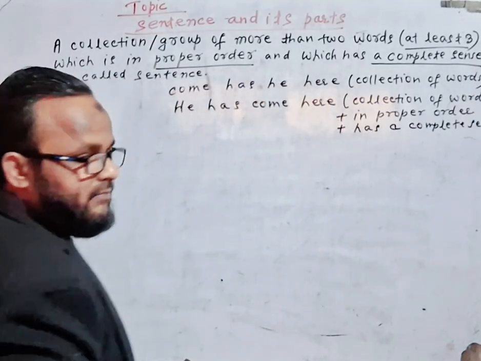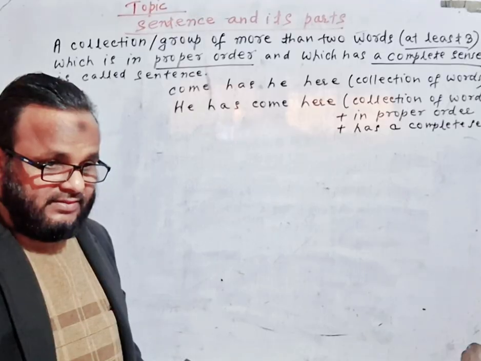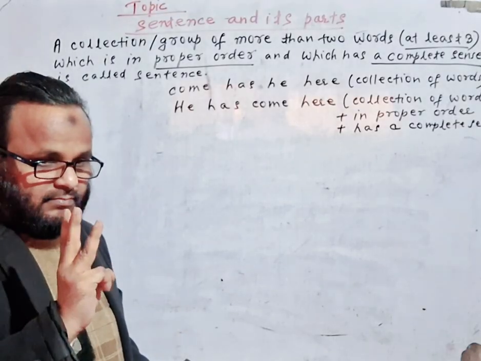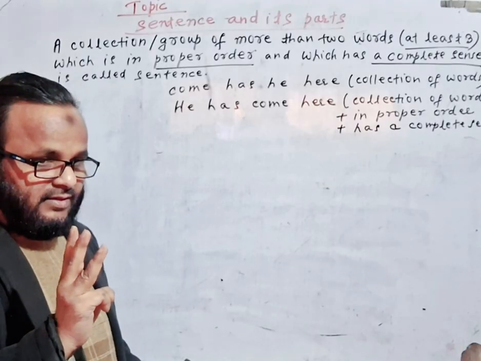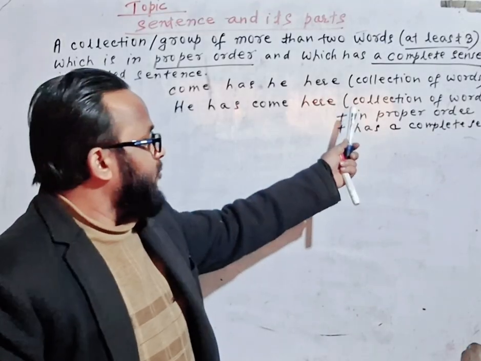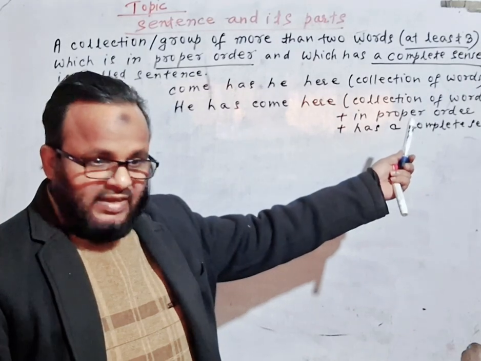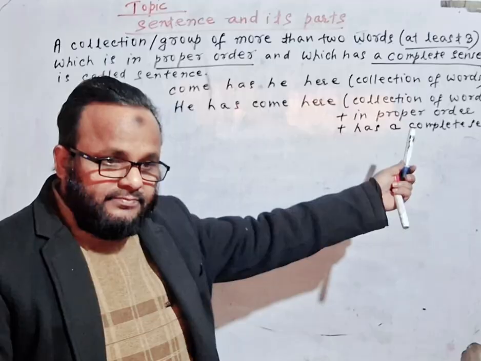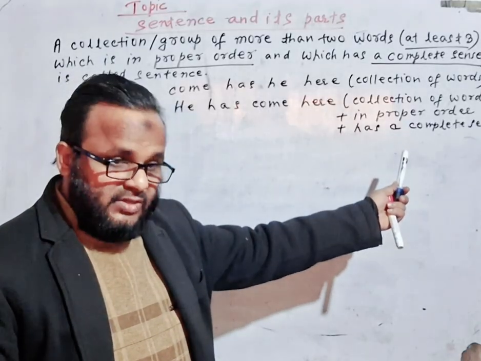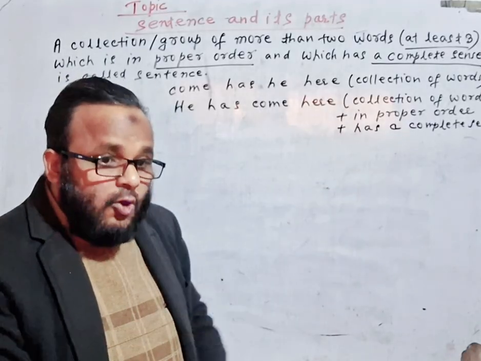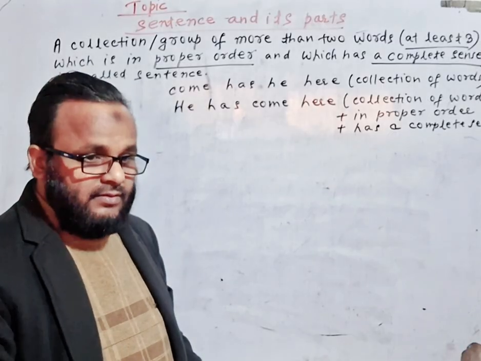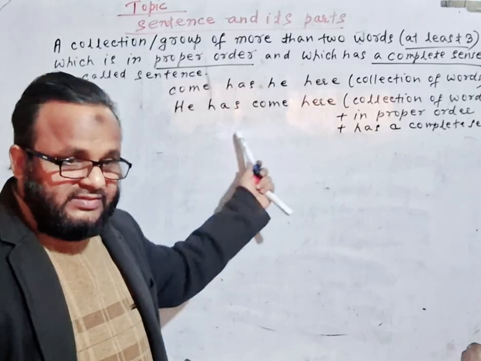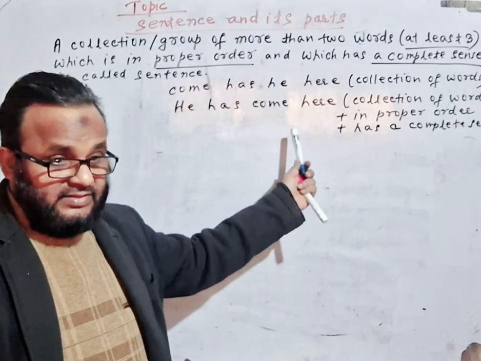Okay, so for being a sentence, sentence होने के लिए three things are necessary. Number one, collection of words होना चाहिए, प्रॉपर ऑर्डर में होना चाहिए, और उसका एक कंप्लीट सेंस होना चाहिए. देन एंड ओनली देन आफ्टर, तभी दैट कलेक्शन विल बी कॉल्ड सेंटेंस. तभी वो सेंटेंस कहलाएगा.